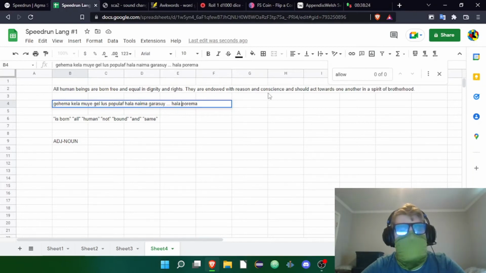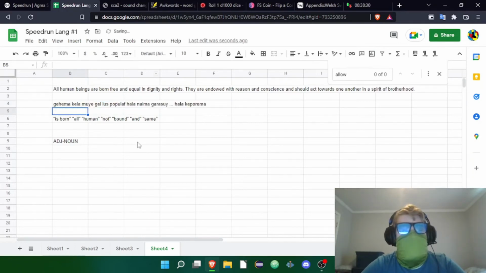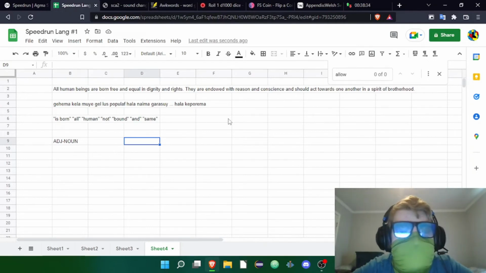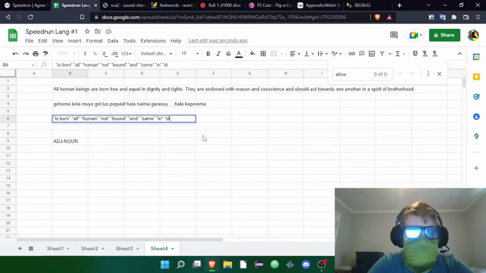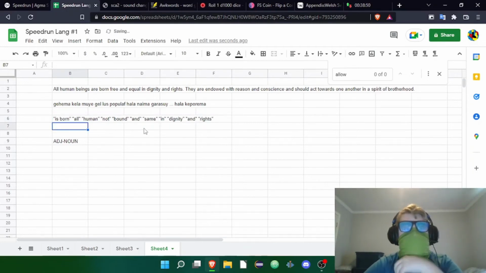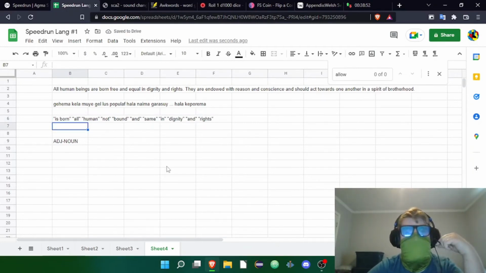So we'll use que as a plural marker from kela, meaning all. So que porema. And same in dignity and rights. So we need something that means dignity.